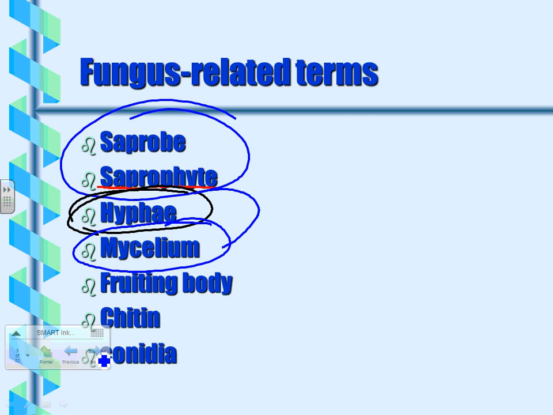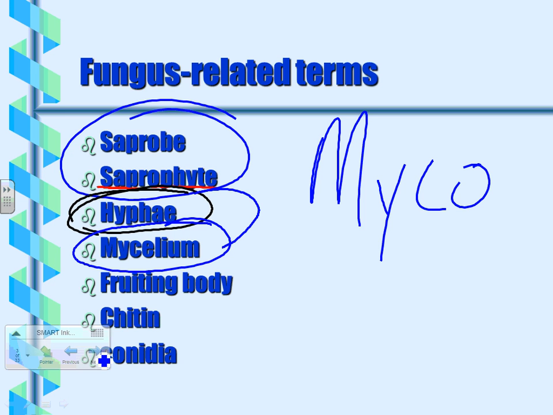But I will tell you, anytime in biology you see the letters M, Y, and C, sometimes O together, myco, what does that mean? It means fungus. Anytime you see those letters together, fungus. In college, I had to take two or three classes on mycology.